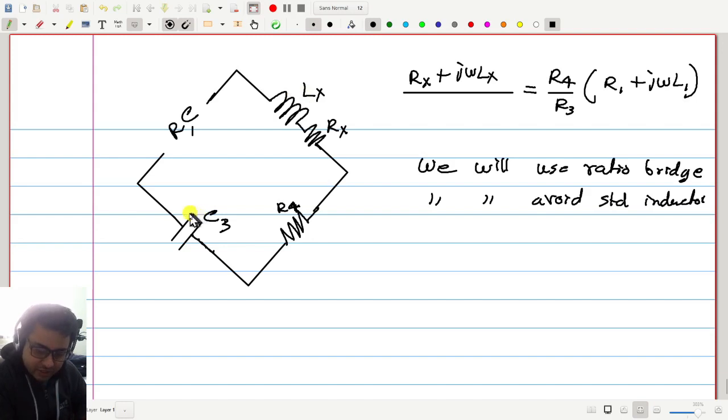This is minus 90 and this can be maybe plus 89, and this sum is still negative. So I can take RC without any problem. This two sum is negative, this two sum is also negative. So I can choose some RC combination here. Now the question is, what will you choose? RC series or RC parallel?